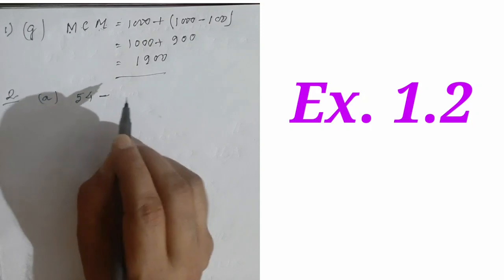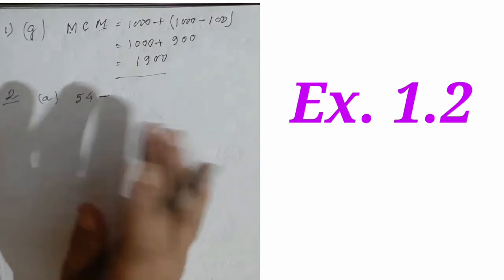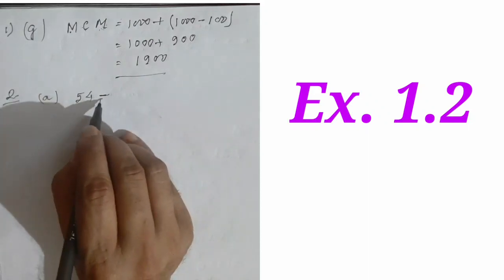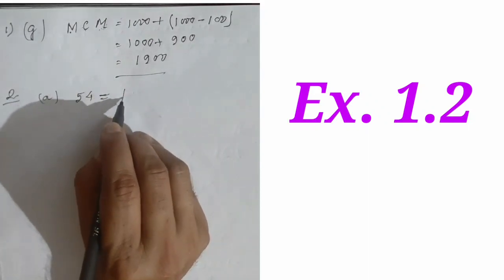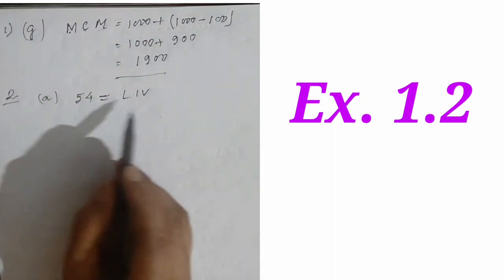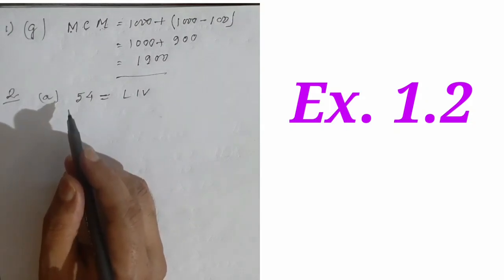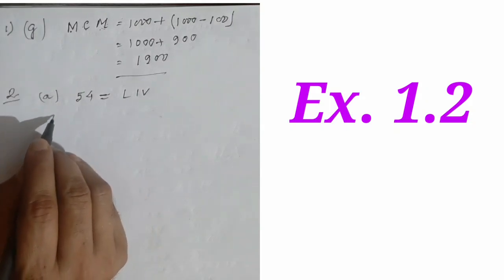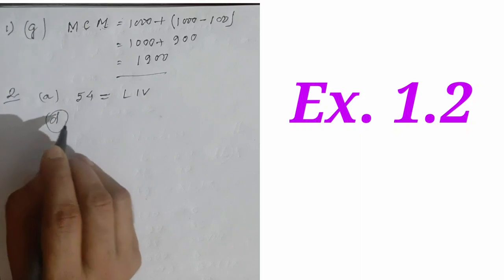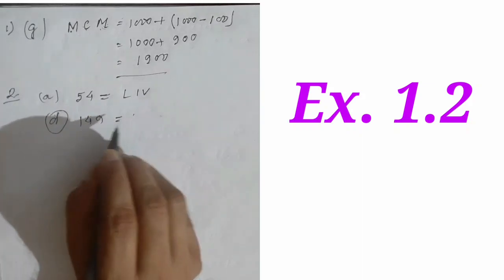We know that 54 means we have to be very sure 54 is 50 plus 4. So 50 is L and 4 is IV, that's why you can write. So 54 is 50 plus 4. Okay. Now next one is 149, 100 plus 49.